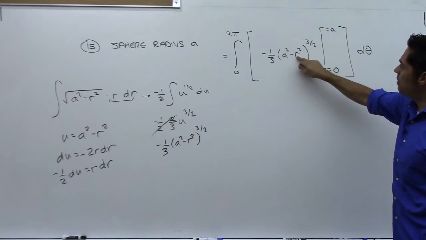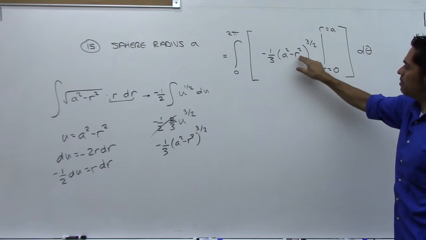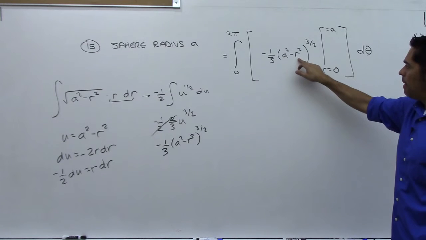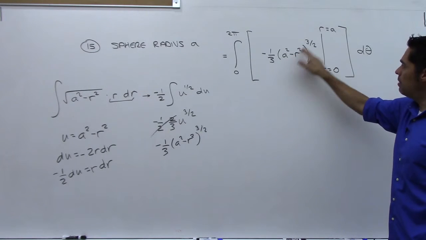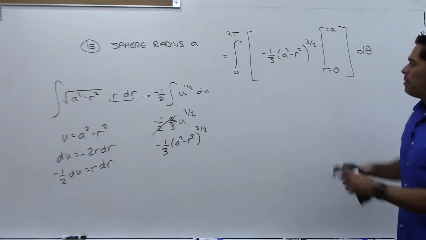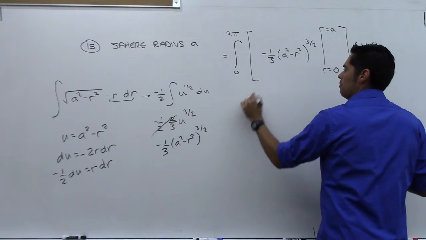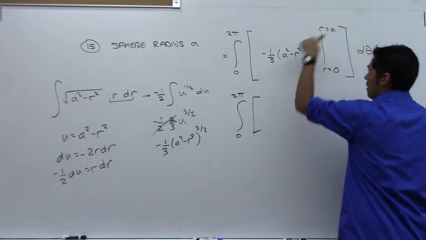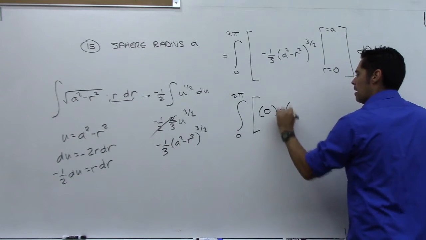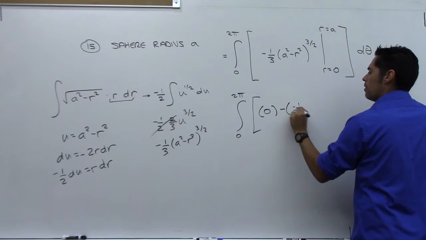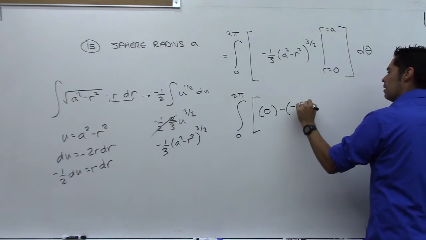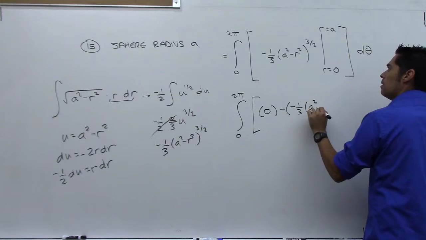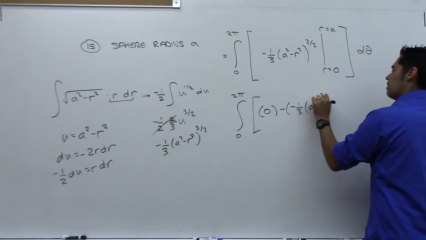If r gets replaced with a, a squared minus a squared is 0, that's all gone. If I replace r with 0, I get a squared to this power times -1/3. But remember, I'm subtracting, right? So it'll become plus, watch. When I plugged in this, I got 0. Minus, when I plug in this, I get -1/3 a squared to the 3/2.